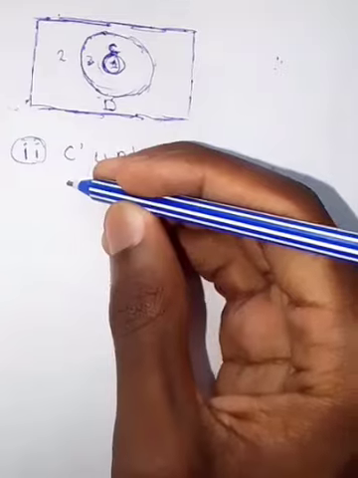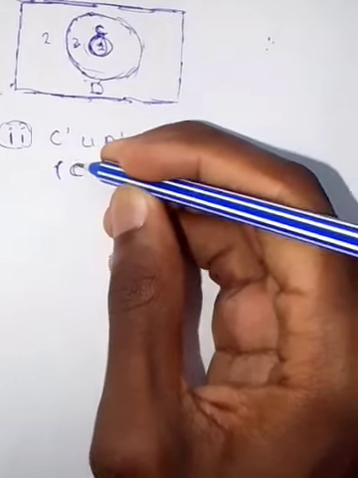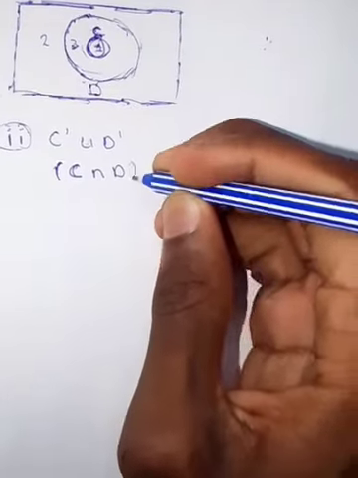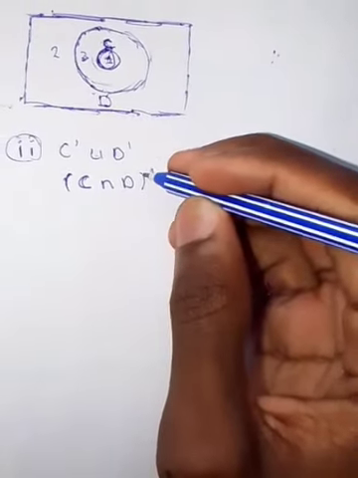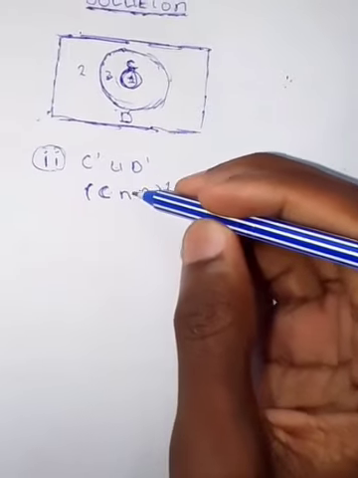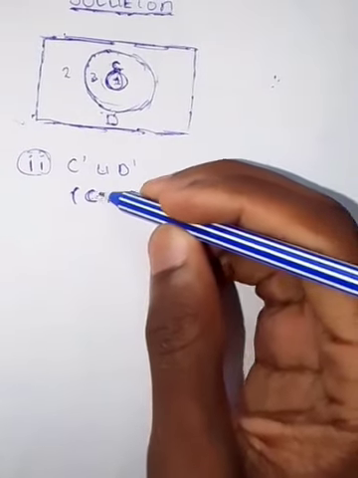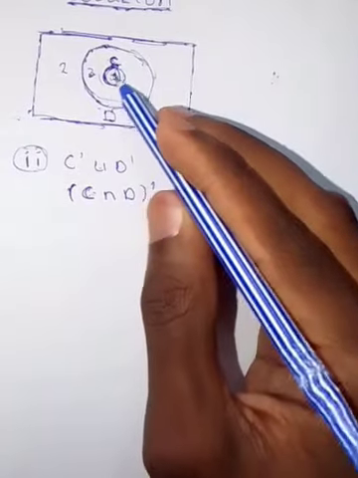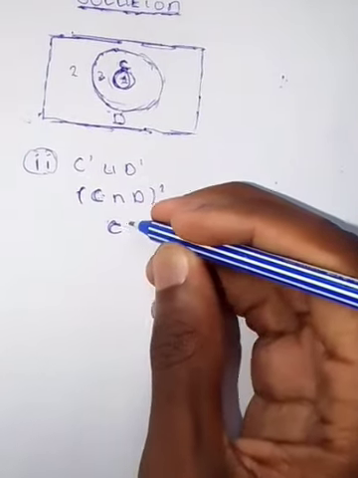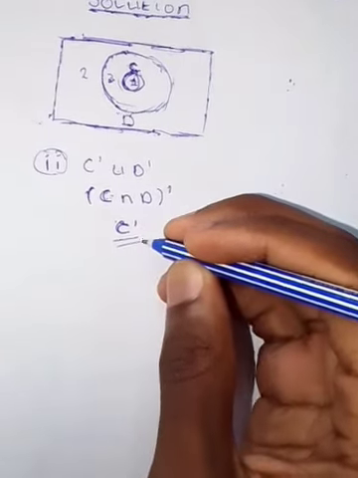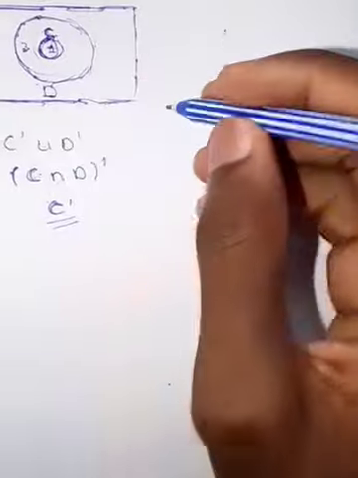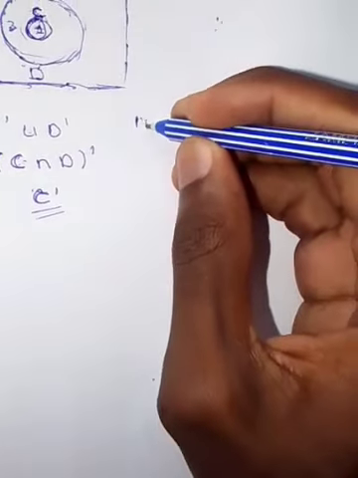So this one can also be written as C, meaning this is going to change D. So it can also be written like this. So now, where can we find the elements that are found in both C and D? It is C. So you're going to say C complement. This is the simplest form in which you can leave this question.